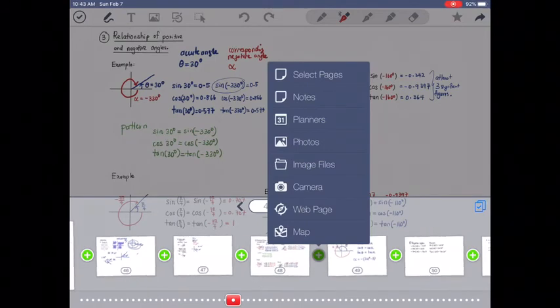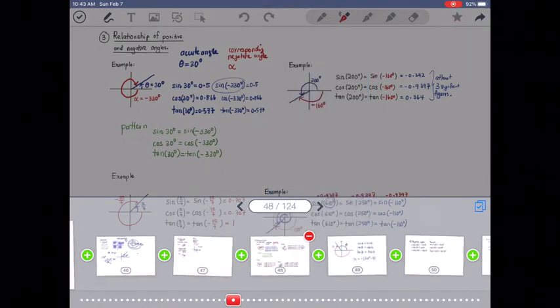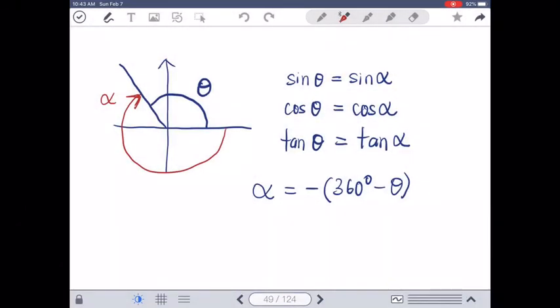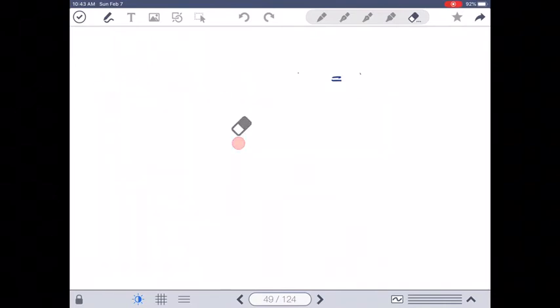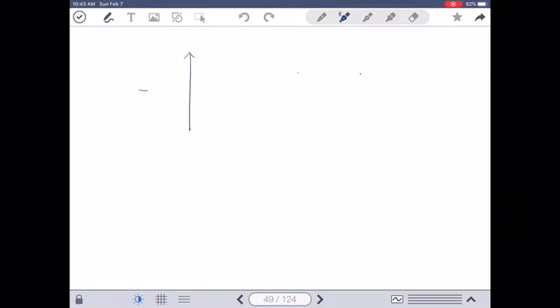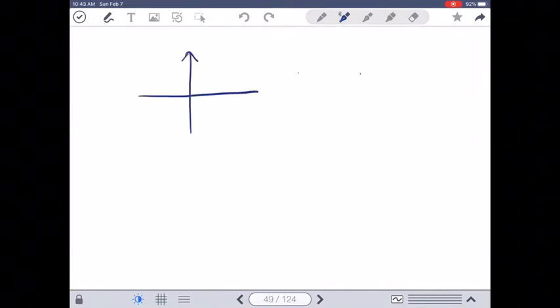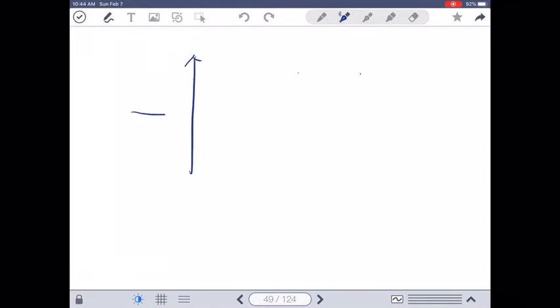So as a conclusion, we can say that if we have an angle here, I name it as theta.